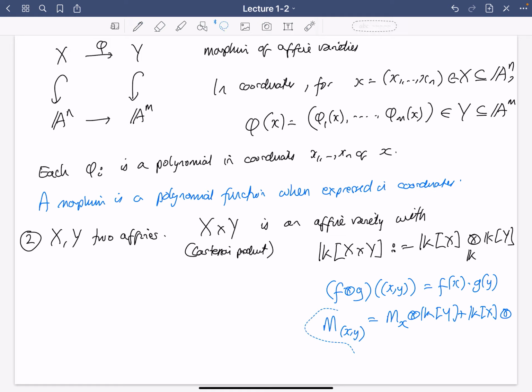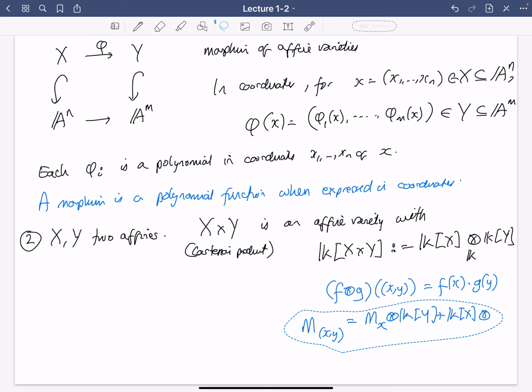So let me just finish writing that. There we go. And from that, I think there's really enough for you to be able to work out that axiom, to check that indeed this does make x cross y into an affine variety.